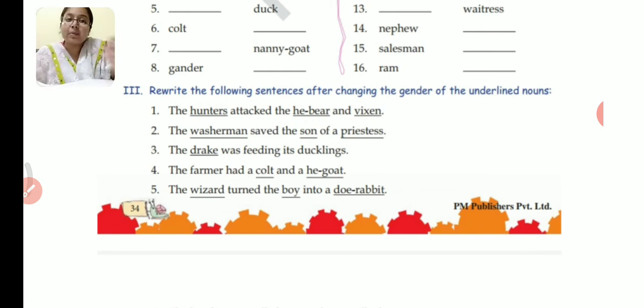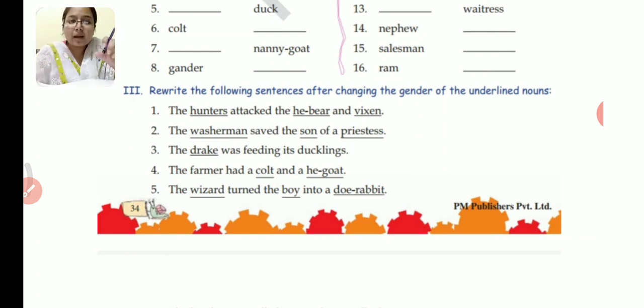What will be the feminine of he-bear? It will be she-bear. And the masculine of vixen will be fox. So you have to learn these. What will be the masculine and feminine of these given nouns? Second question. The washerman saved the son of a priestess.